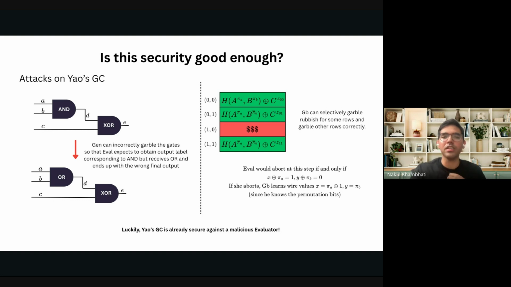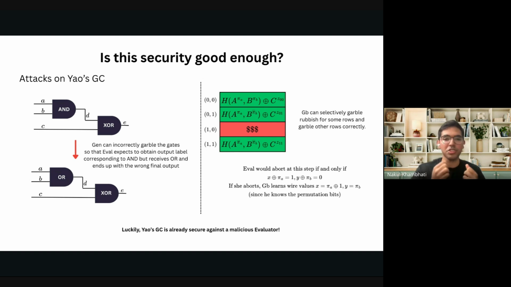You might think that one fix here is to just attach a zero knowledge proof of correct gobbling. But actually, even this is susceptible to the so-called selective failure attack. Looking at the right here, the gobbler can do this really nasty attack, which is to selectively gobble rubbish for some rows. So for the third row, he just puts random bits and gobbles all the other rows correctly. Now the evaluator might be able to detect this and abort.